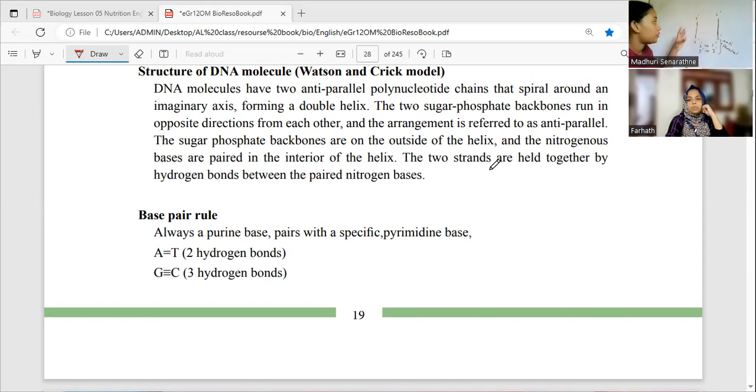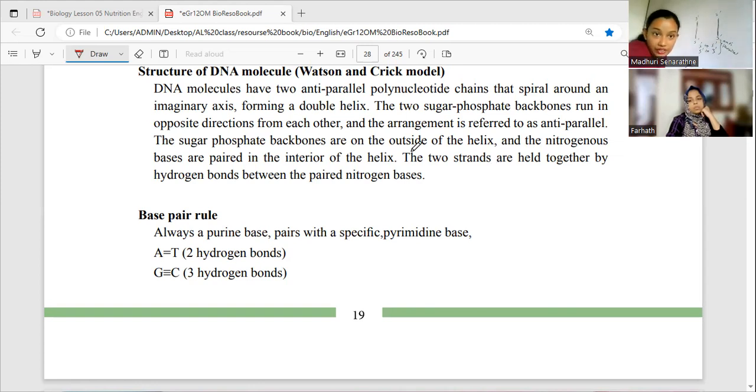In all nucleotides involved in the formation of the polynucleotide, all the pentose sugars and all the phosphate groups make the sugar phosphate backbone. Outside lines are represented by the sugar phosphate backbones of each of the two strands.